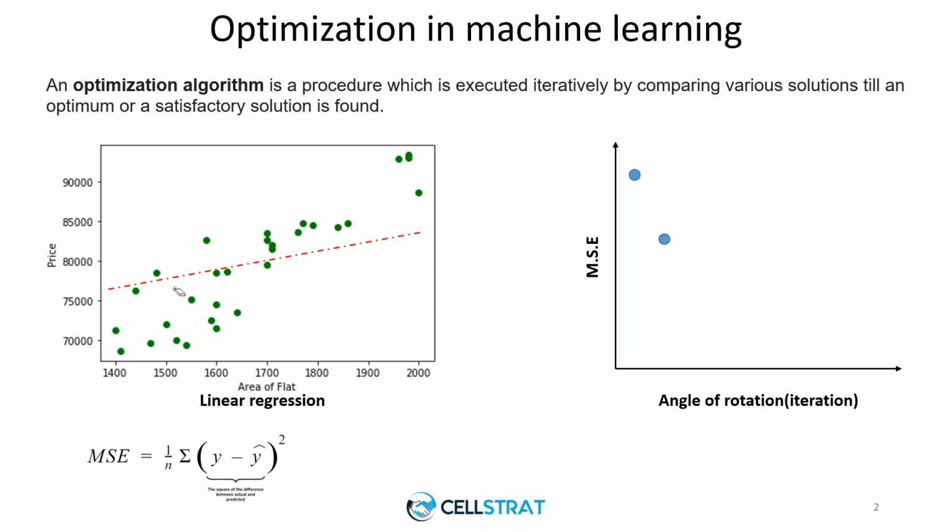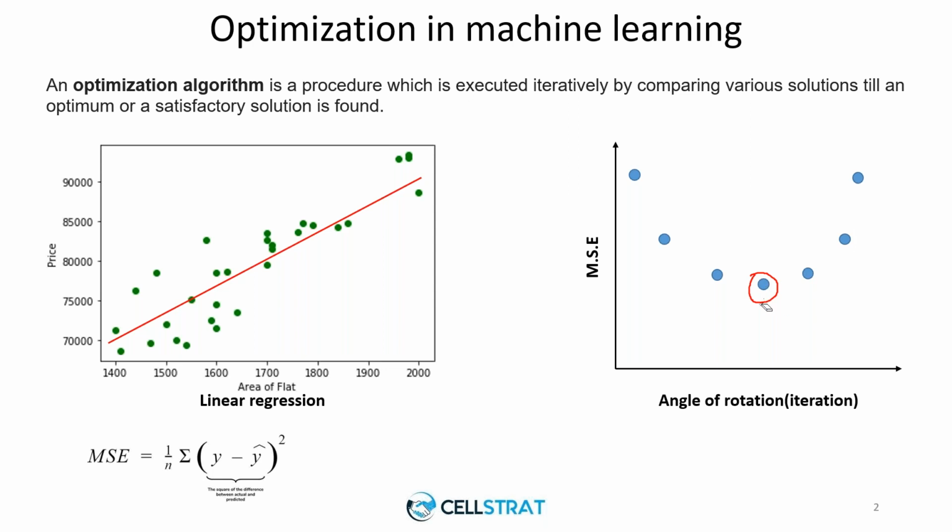This goes on for quite a few iterations, and you can see that gradually the mean square error is decreasing as the line gets a better fit over iterations. After some time, you would see that the mean square error is increasing again because it's moving away from the data points. From this graph, you can clearly make out that the line which represents the lowest error would be the best fit for this data.